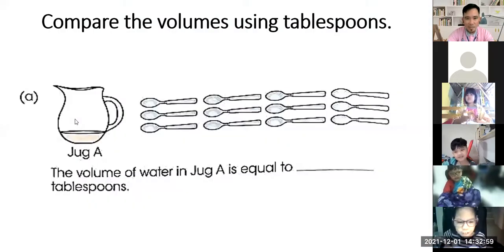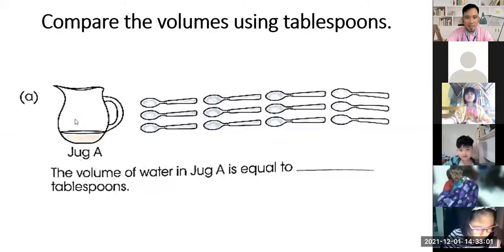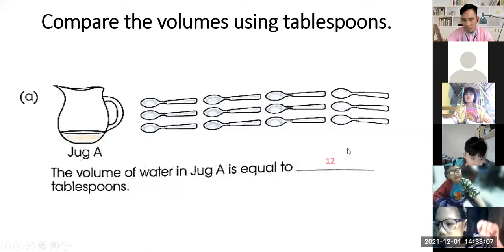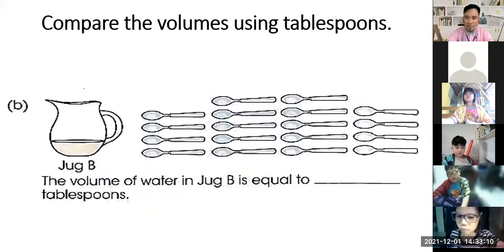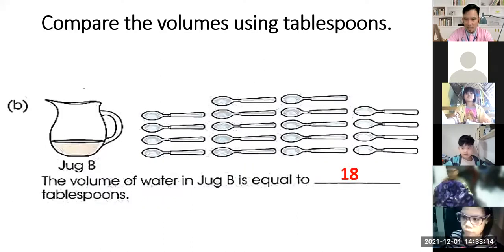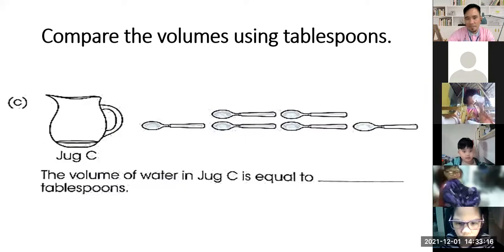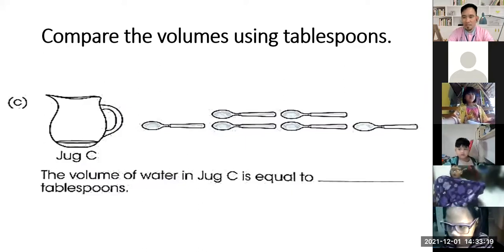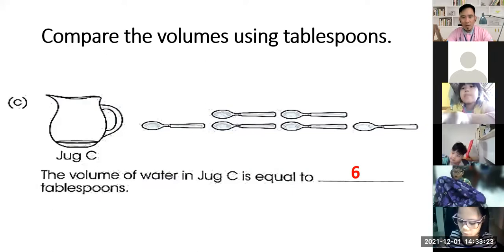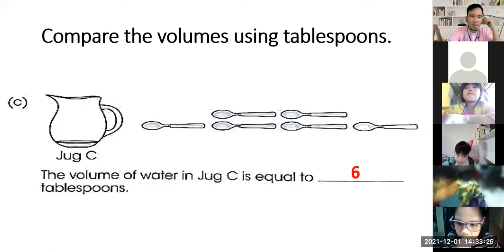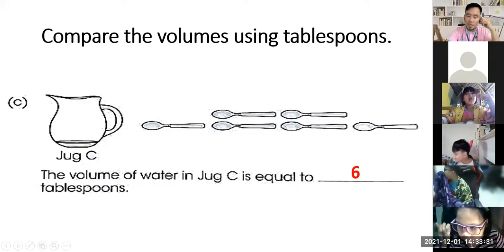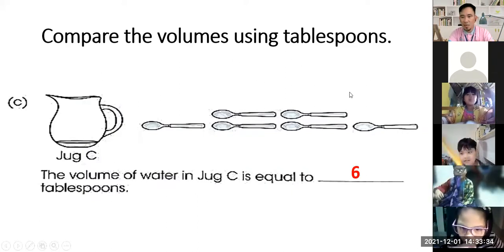How about here? 12 tablespoons. How about here? 18. How about here? 6. So the volume of jug C is equal to 6 tablespoons.